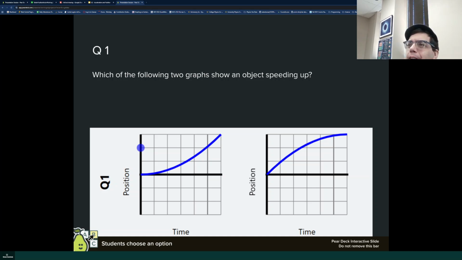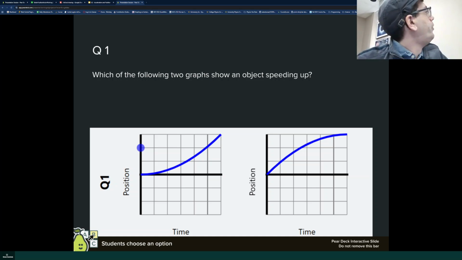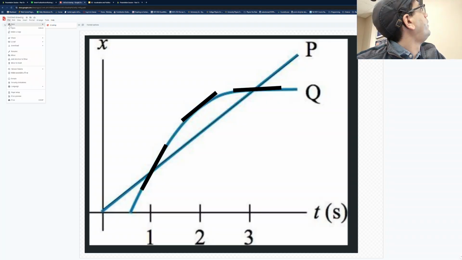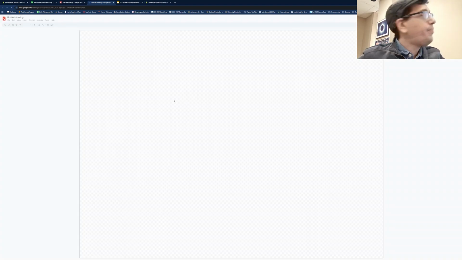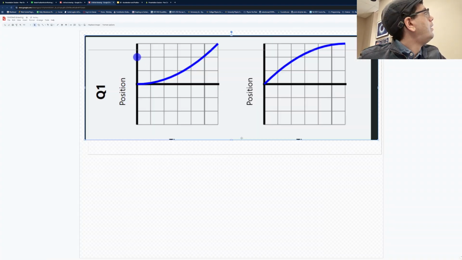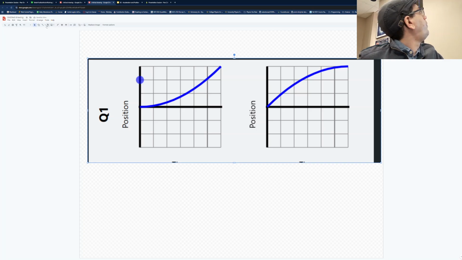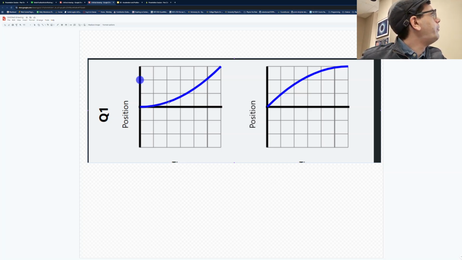How can we tell that it's speeding up? Because the slope is... Exactly. So if I were to grab this and put it in Google Drawing, and draw my tangent line, and just pick a couple of points on there, I guess I'll do three for each one.